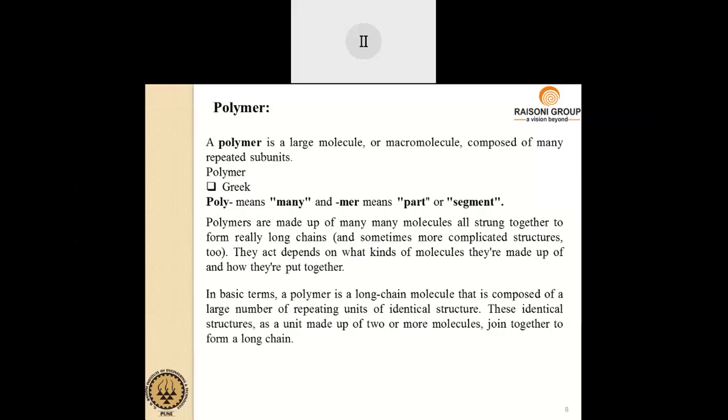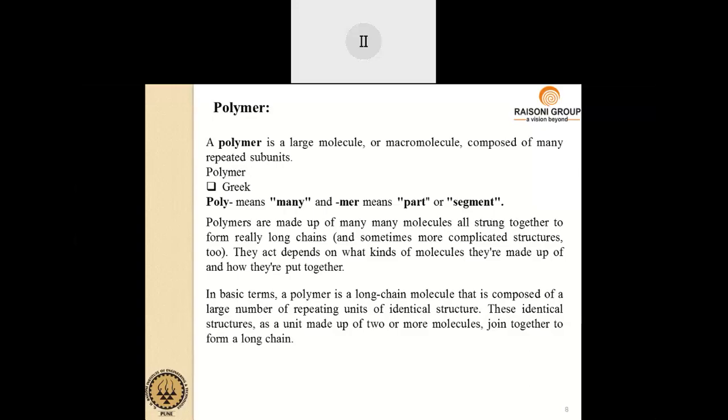So what will be the properties of a polymer? That depends on these molecules and how they are put together to form those long chains. How a polymer will act or what its properties will be depends on what kind of polymers we are using as well as how they are put together.